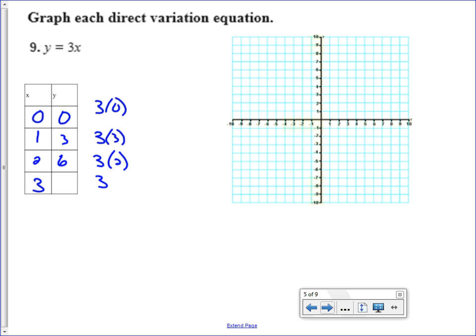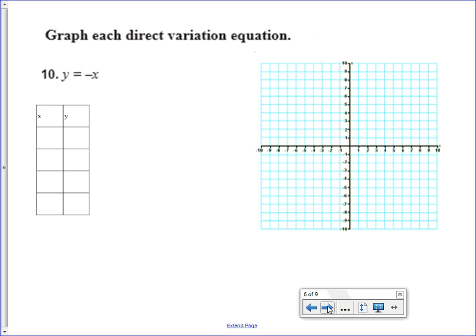If I put in a 3, I'd get out a 9. Okay, so I'd have these points: 0, 0; 1, 3; 2, 6; 3, 9. So I went over 1, I went up 3. Or you could say I went up 3 and over 1.